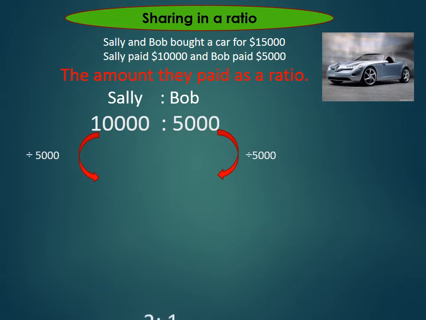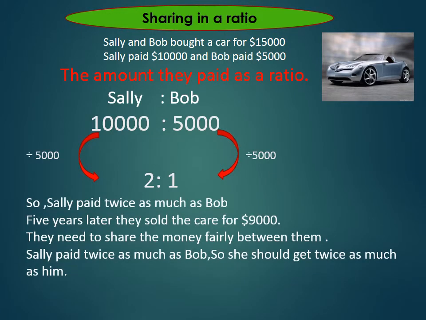So divide both of them. We get 10,000 divided by 5,000 equals 2. 5,000 divided by 5,000 equals 1. So the ratio of the amounts they paid is 2 to 1. Now, Sally paid twice as much as Bob, because this is what we can see from the ratio.